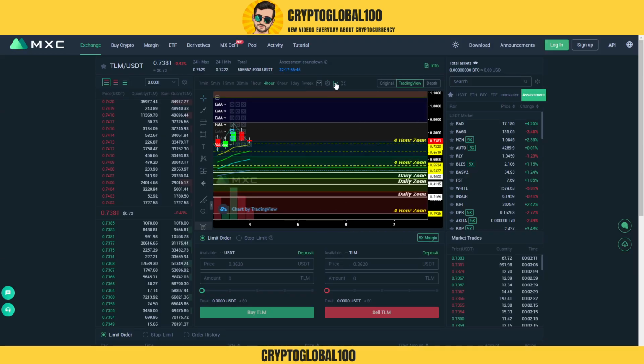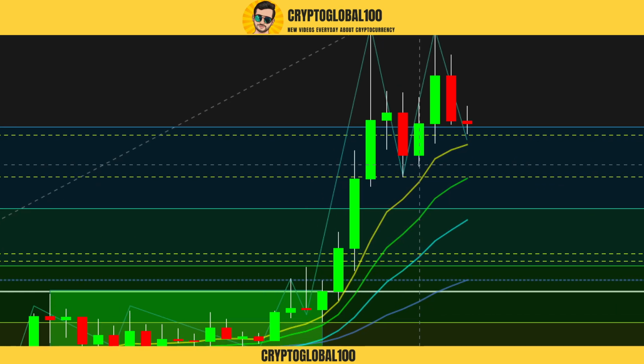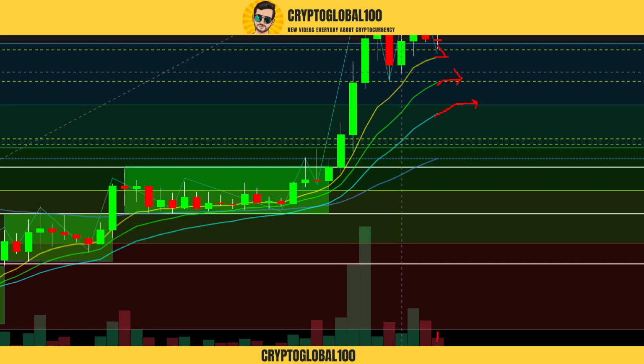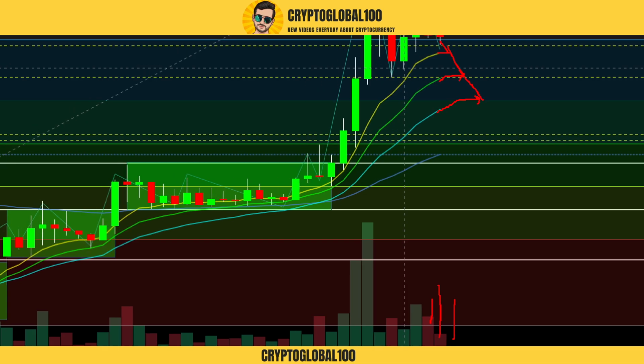So here, what I am expecting is the price might go down to this, and this one is also the 21 EMA, and we might see a pullback here, and this EMA can also be tested if and only if the volume down there increases, then the price is gonna pull back to this level. Okay, just prepare for it.